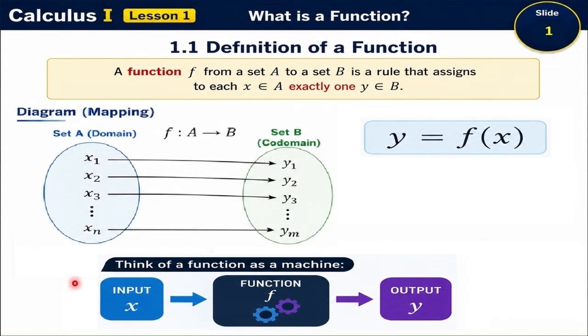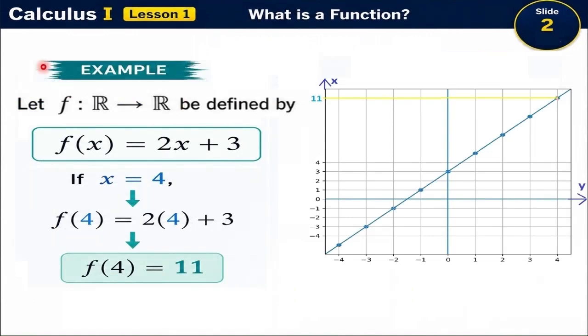A useful way to think about a function is as a machine. An input enters the machine, a specific operation is performed, and an output is produced. For example, consider the function f of x equals 2x plus 3.